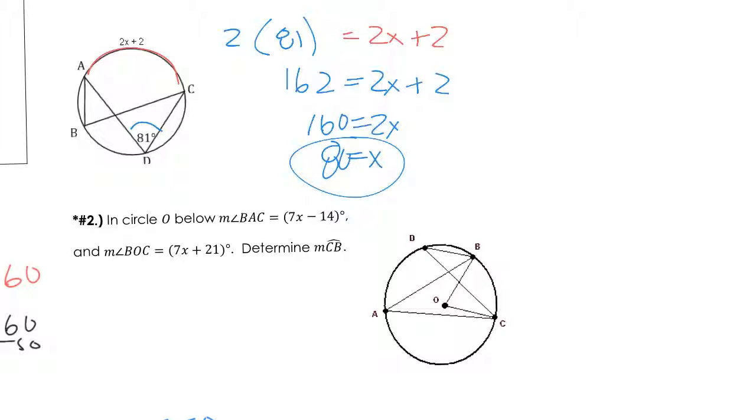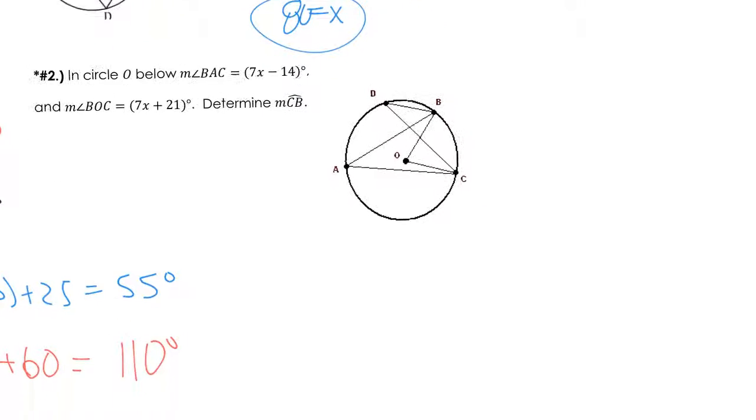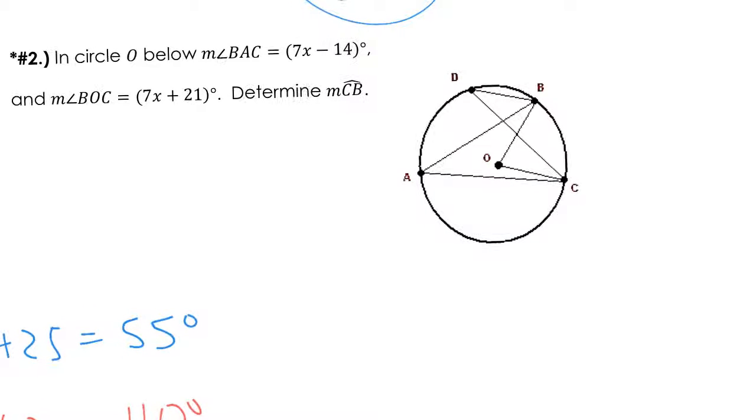Second one, a little harder. I'm going to zoom in to make it a little easier to see. And I'm just going to set up the equation on this one. BAC is 7x minus 14. That is the inscribed angle. BOC is the central angle, 7x plus 21.